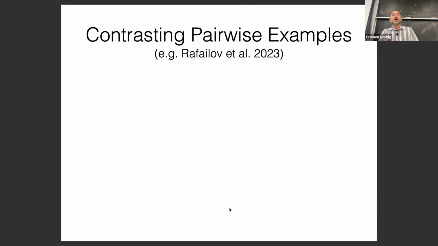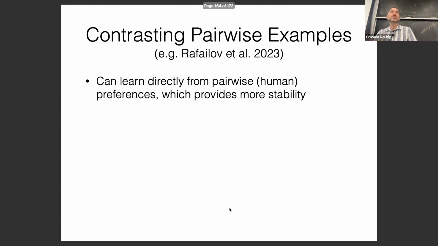Cool. So the final method I want to talk about is contrasting pairwise examples. One of the things I mentioned is that one of the motivations for going from risk to not using risk was that it reduces the number of sentences that you need to process at any point. But actually recently, there's been a move back towards contrasting pairwise examples.